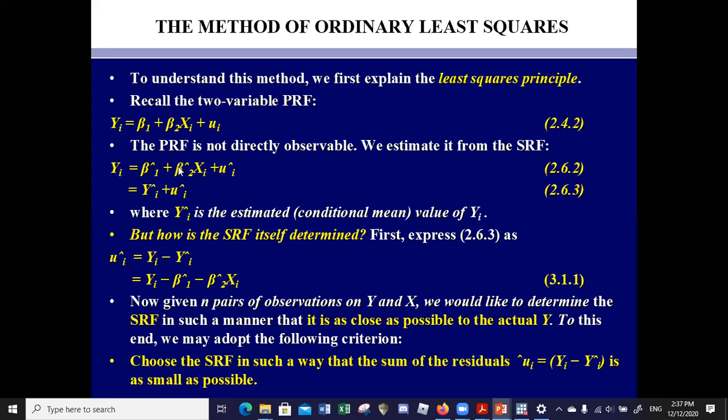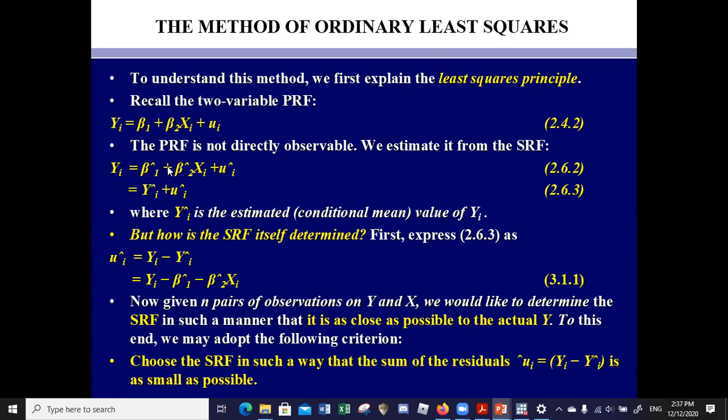Now in this expression, everything represents the sample data. Yi in the population form represents the ith value of the dependent variable in the population, but in the second expression yi represents the ith value of the dependent variable in my sample. Beta 1 is the intercept for the whole population.